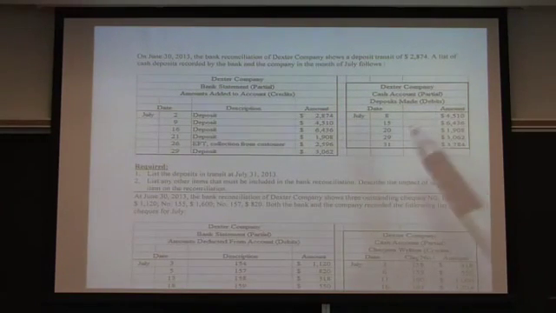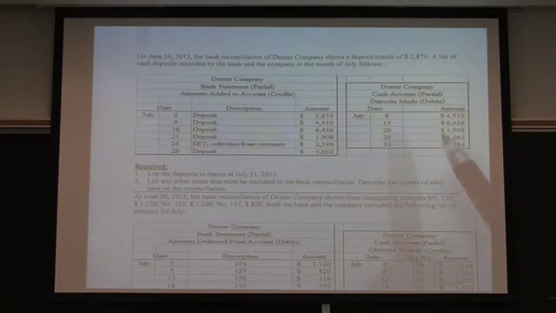And over here, we have what checks have been issued by the company and what deposits have been made by the company. By looking at it, we can take a look at what would be the potential deposit in transit that we need to account for in doing the bank reconciliation.